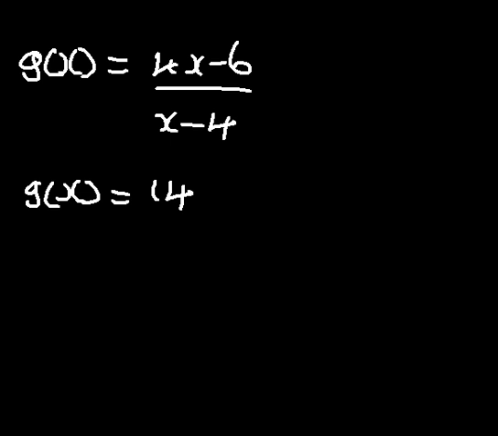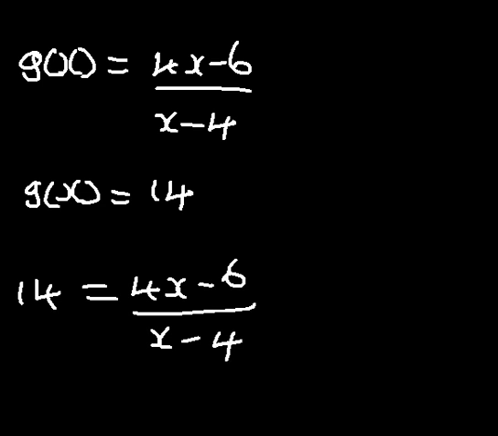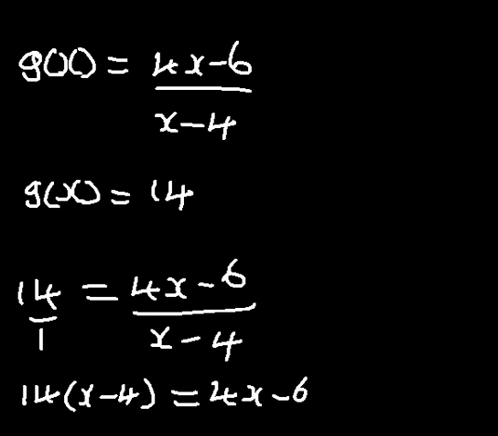So in this case we'll have g of x, which is the same as 14. Where there is g of x, I'm going to put 14. So we have 14 equals 4x minus 6 divided by x minus 4. We have to cross multiply. We'll have 14 times x minus 4 equals 4x minus 6.